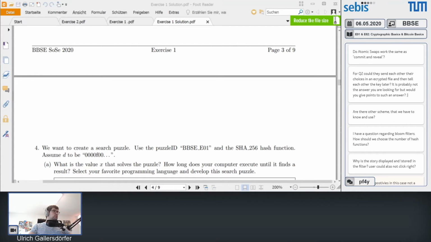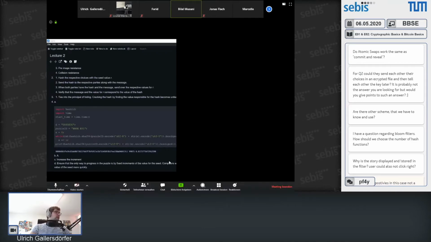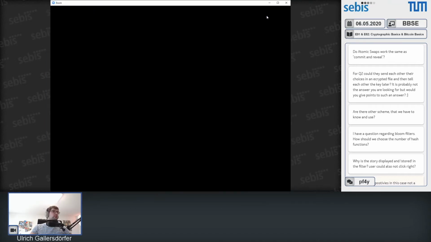So in my solution, I basically use some of the information from the slide. I use the puzzle ID and I just use the hash. Can you zoom a little bit on that? Because I only see the window, it's quite small. Sorry, there's a little bit of technical issues here.